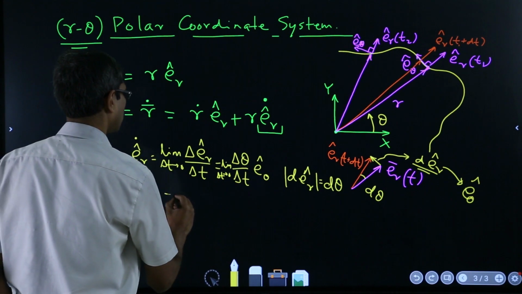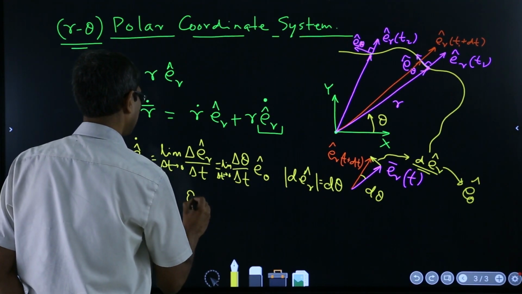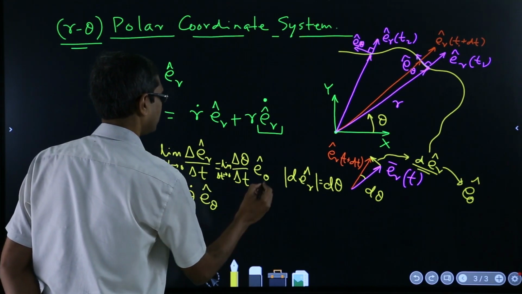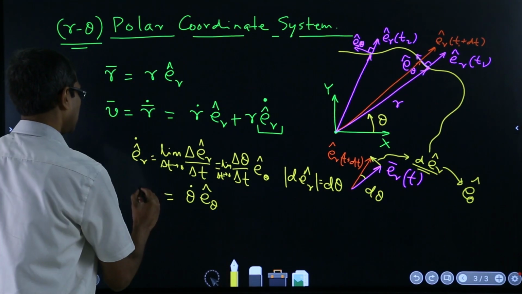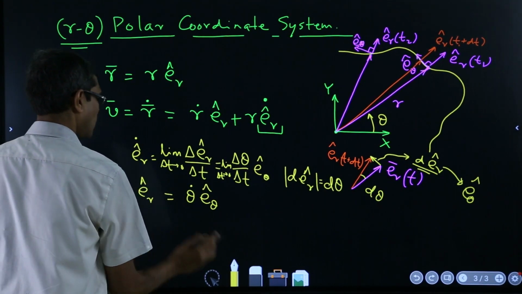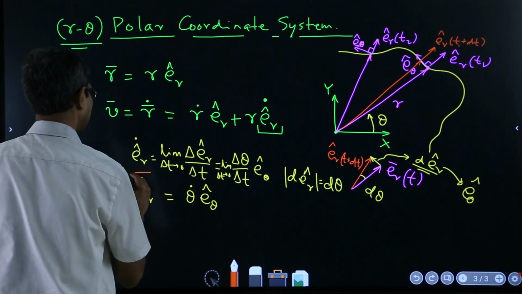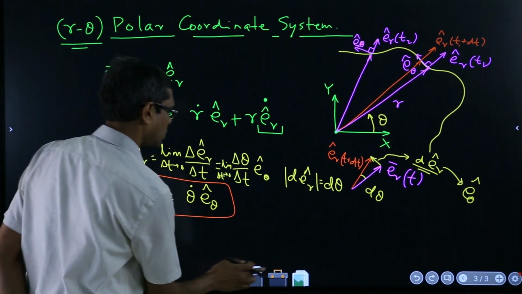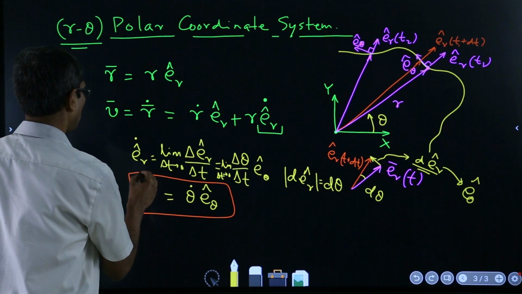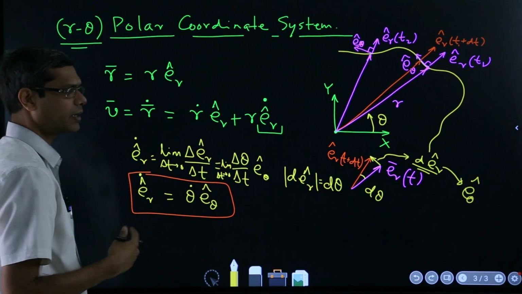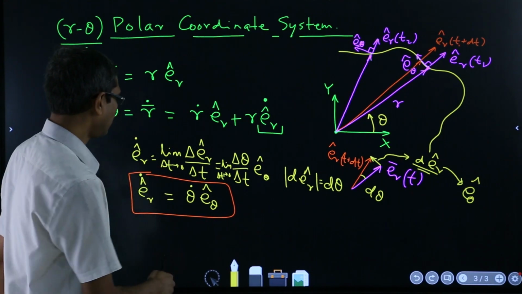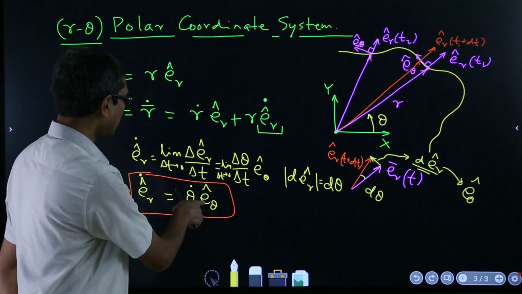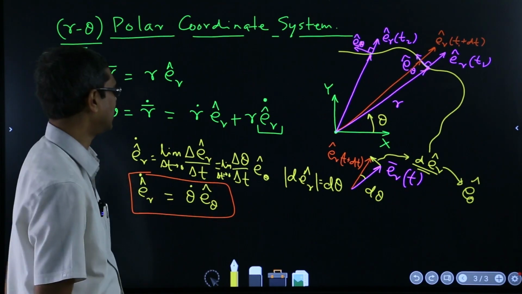And that's what we can write as theta dot, or d theta over dt, times e theta. This is a very important result which you should always keep in mind with complete understanding. So differentiation of e_r with respect to time is nothing but theta dot, the rate at which the angle of that vector is changing, times the direction e theta.